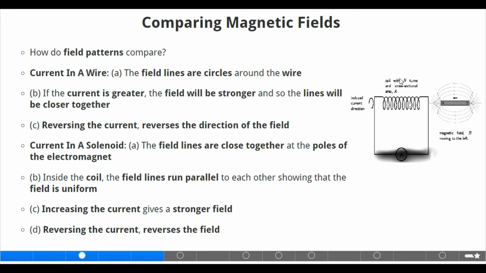The coil will have n number of turns and also a cross-sectional area A. For the magnet, from the north to the south pole, the magnetic field B is moving to the left hand side. That's the direction. Don't forget that magnetic field is represented with the letter B. It has magnitude, and it also has direction.